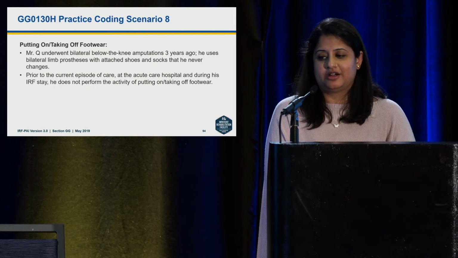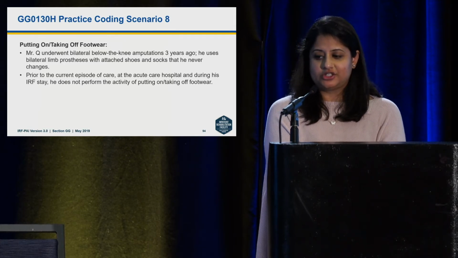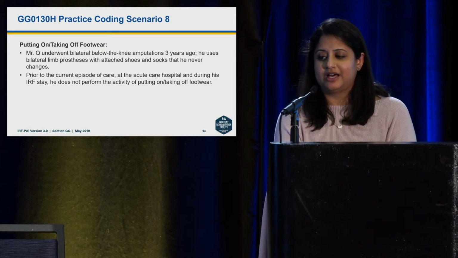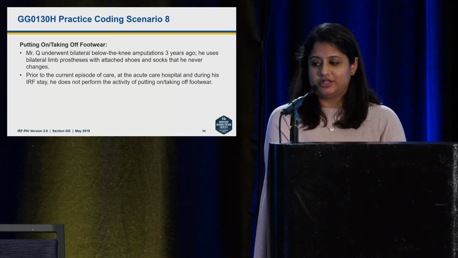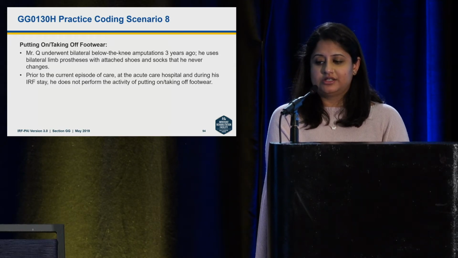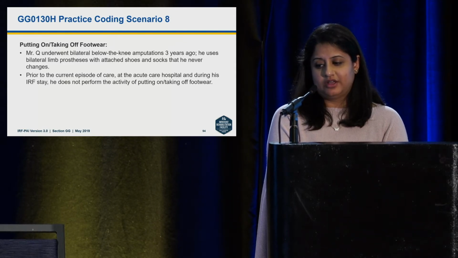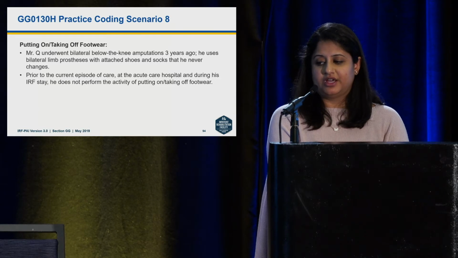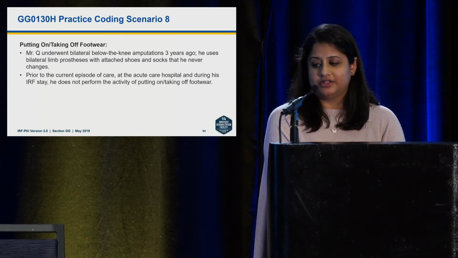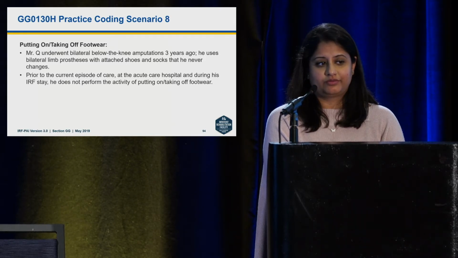Here's our coding scenario for GG0130H. So Mr. Q underwent bilateral below-the-knee amputations 3 years ago. He uses a bilateral limb prosthesis with attached shoes and socks that he never changes. Prior to the current episode of care at the acute care hospital and during his IRF stay, he does not perform the activity of putting on and taking off footwear.